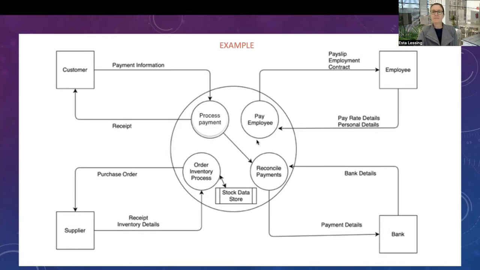And again, paying the employee is another aspect of our system where data is transformed, and it is basically flowing information to and from the employee. So as you can see, this is a bit more detail. It gives us a bit more context.